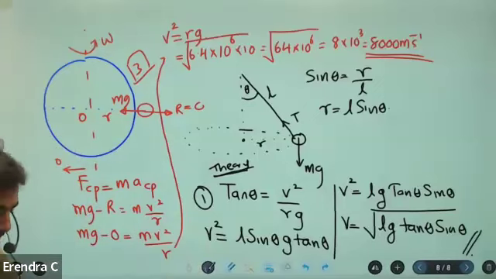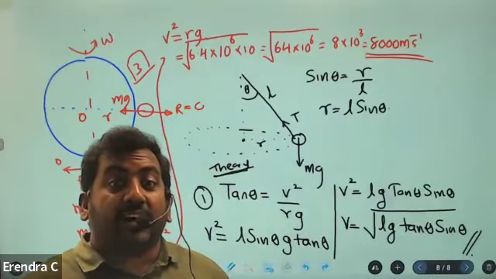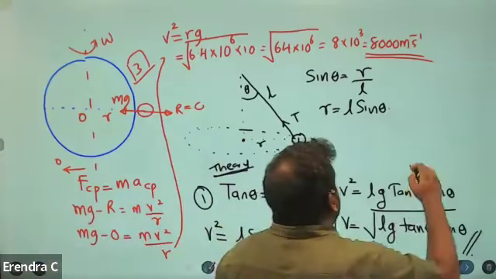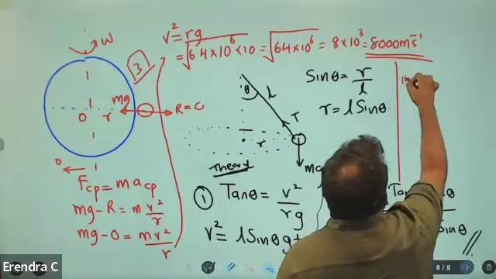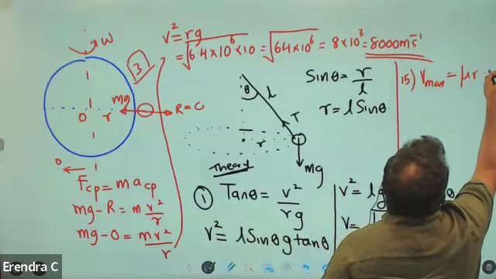Question number 15. A car of mass m takes a circular bend of radius r on a horizontal road with speed v. The car will skid. On the verge of slipping, we found the maximum possible velocity. What's the Vmax? Vmax is square root of mu r g.